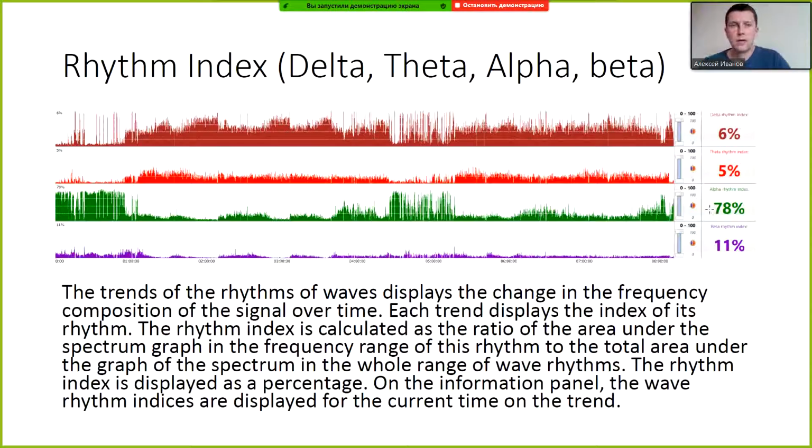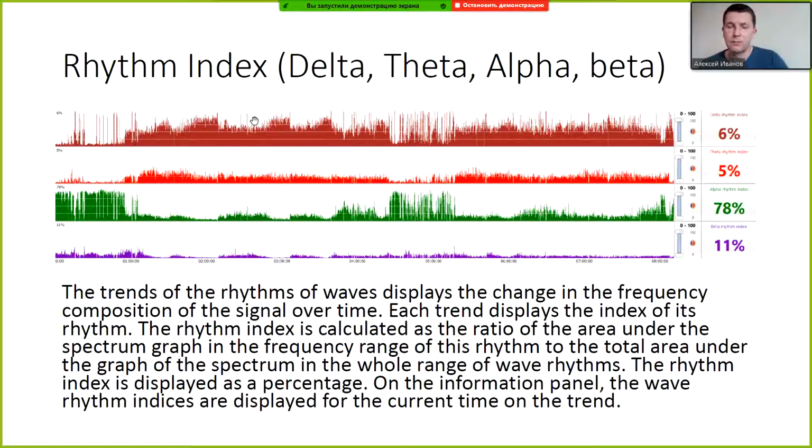Our next trends are rhythm indexes of delta, theta, alpha and beta rhythms. These trends show which rhythm is present at what time. For example, on this screen we can see that alpha rhythm was dominating during the first hour of our recording.